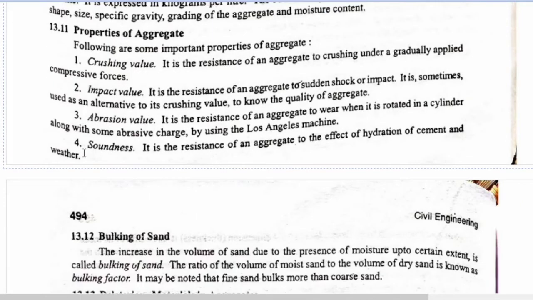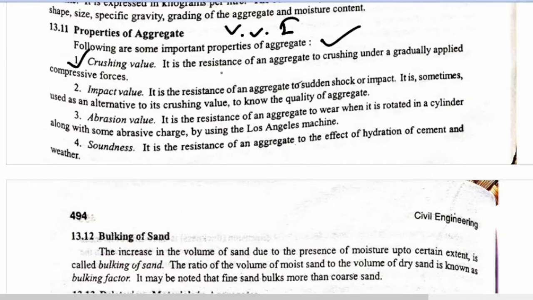देखिए, प्रॉपर्टीज ऑफ एग्रीगेट, ये भी वेरी वेरी इंपॉर्टेंट। Following are some important properties of aggregate. Crushing value, it is the resistance of an aggregate to crushing under a gradually applied compressive force.